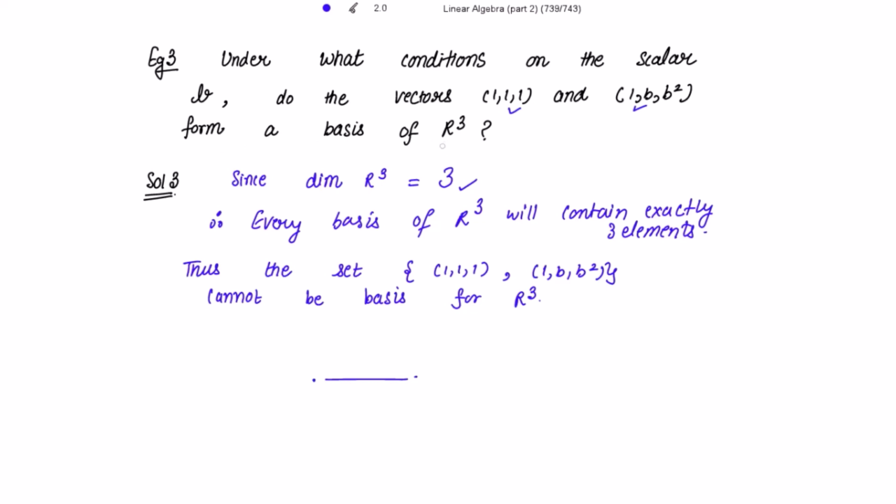How can they form a basis of R3? They are only 2 in number. For a basis we should have 3 in number, right? So this set cannot be a basis for R3. Provided that if 3 vectors are given to us, those vectors should first be linearly independent, right? Then only can they form a basis for R3.